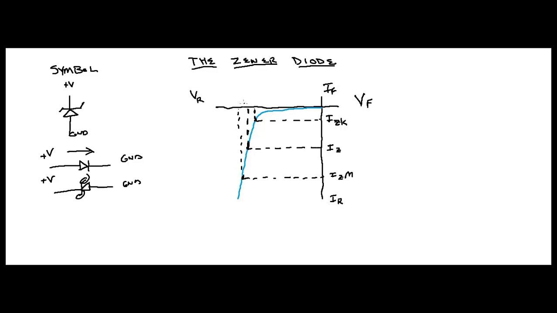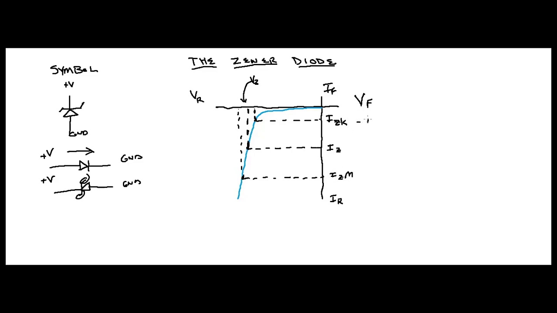So there are three things you need to understand. You have IZ, which is your test current, and that corresponds to your Zener diode voltage, okay? That's equal to VZ. You also have two other currents, IZK and IZM.